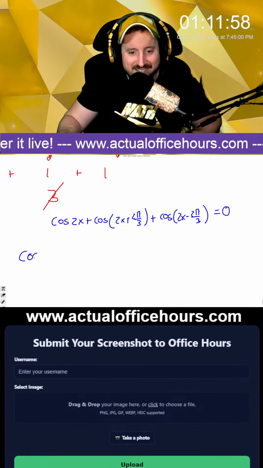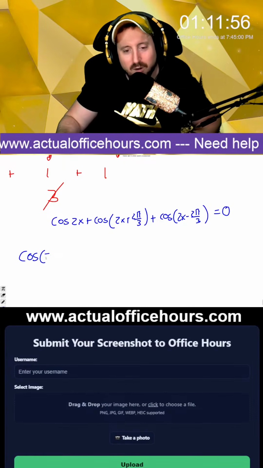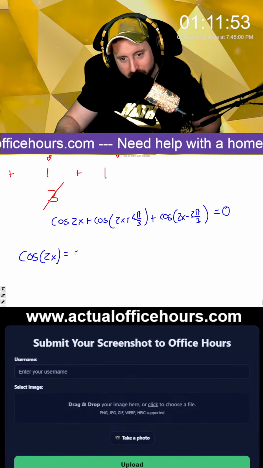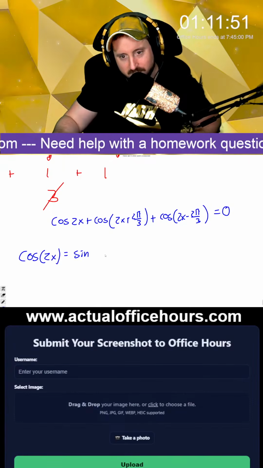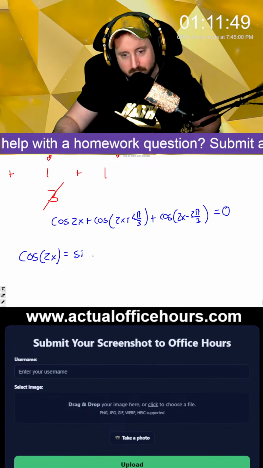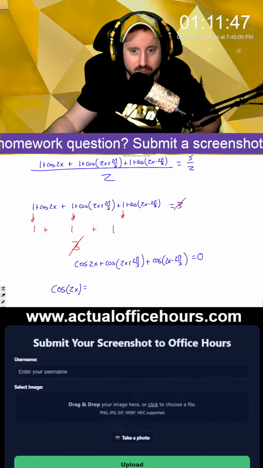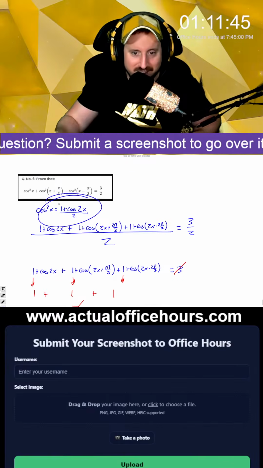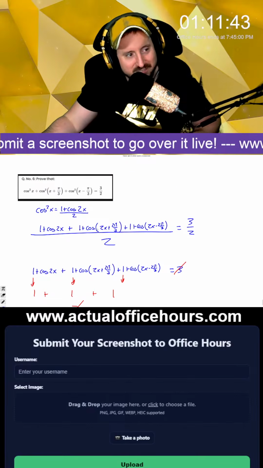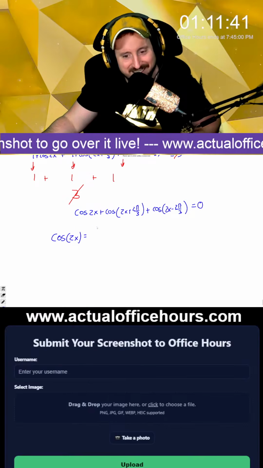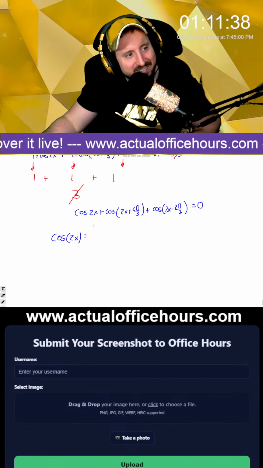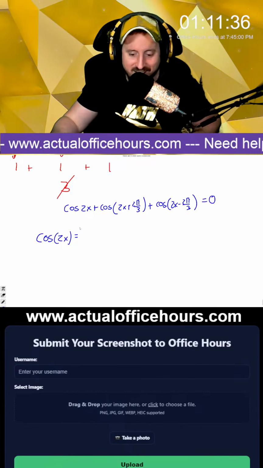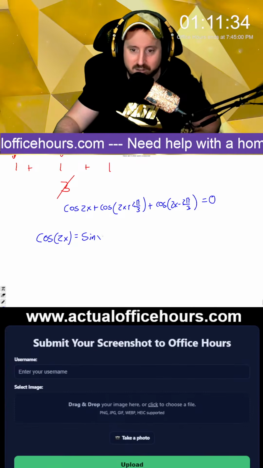What is the formula for cosine of 2x? Oh, cosine of 2x was equal to, wait, it's what we just said it was. Is it equal to 2 cosine squared minus 1? Or, I don't know, is this sine x, cosine x?